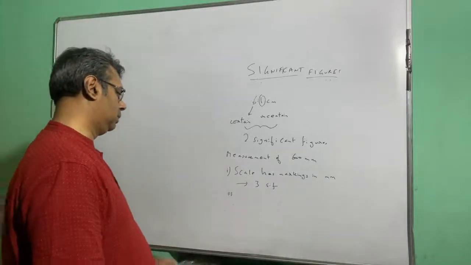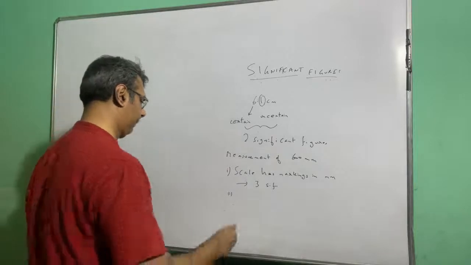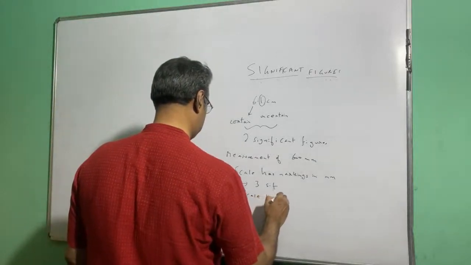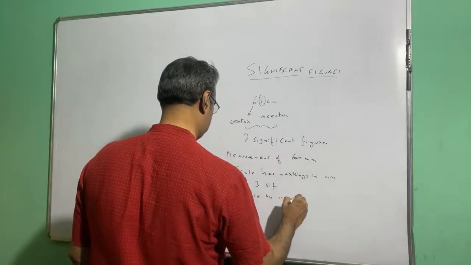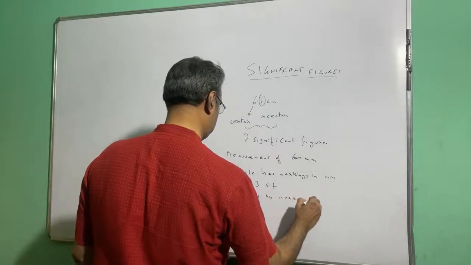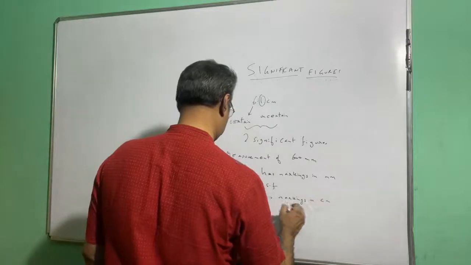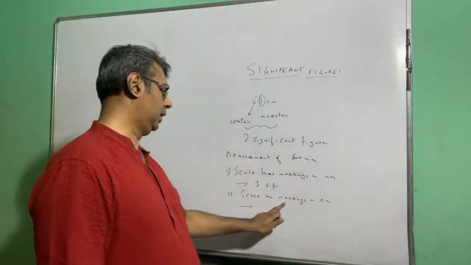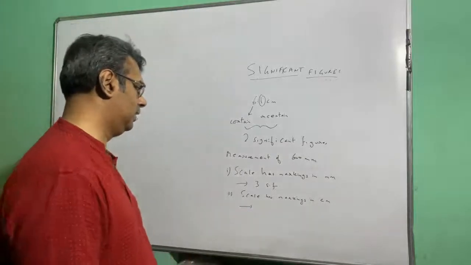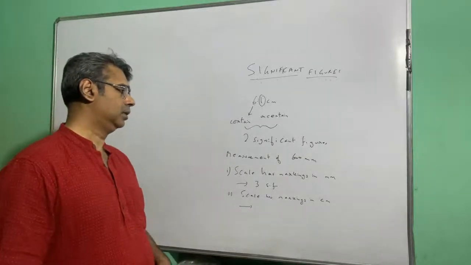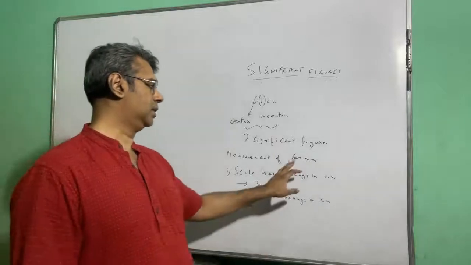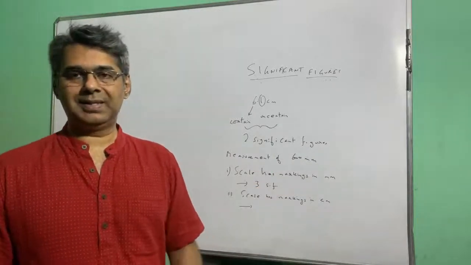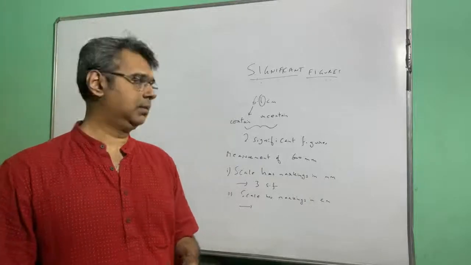Okay, now suppose let us say that your scale has marking in centimeter. Okay, so if your scale has marking in centimeter, then actually this measurement should be read as 60 centimeter, not as 600 millimeter.